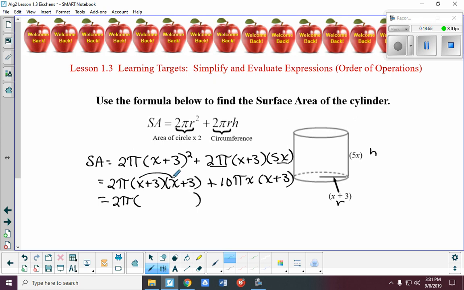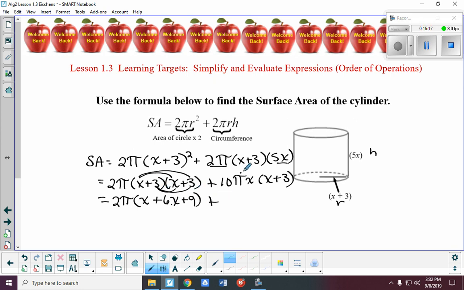So x times x is x squared. X times 3 is 3x. And this 3 times x is 3x. So altogether you would have x squared plus 6x plus 9.